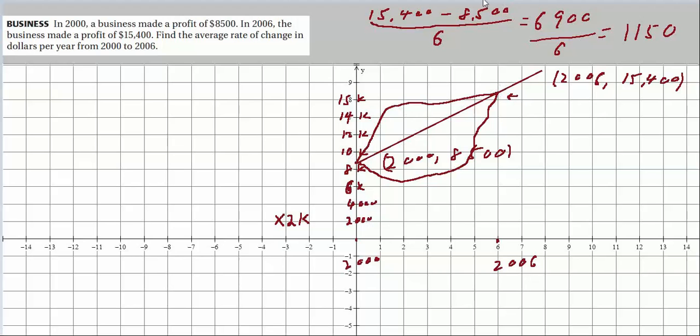Well, when I say that, what I mean is the slope of this line will represent the average. And if you want to look at it that way, the slope does show an increase of 1,150 each year. So if you want to graphically show a steady increase as the average, well, this would be it. But whether it actually grew that way or not is very unlikely.